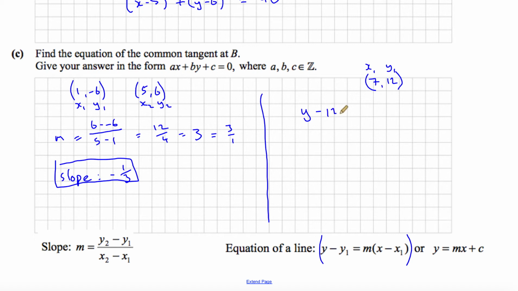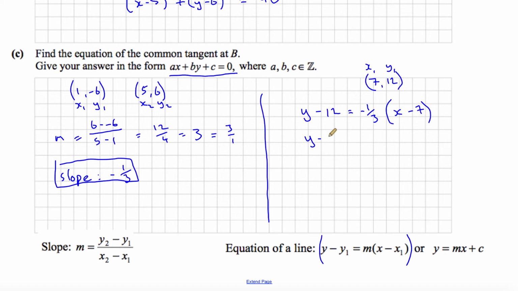So it's y minus 12 is equal to the slope m, which is minus 1/3 from here, multiplied by x minus the x1, which is 7. So now we just need to tidy this up into the form ax plus by plus c equals 0.